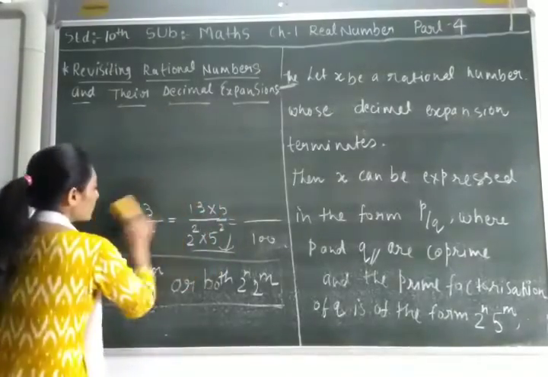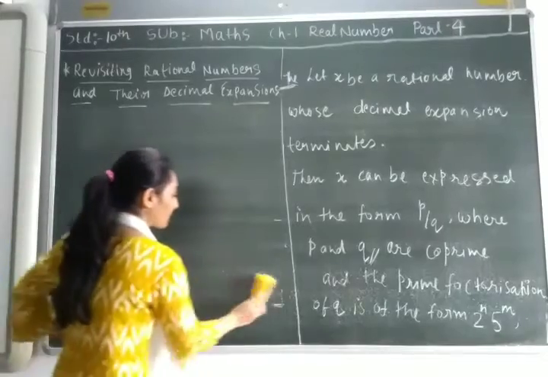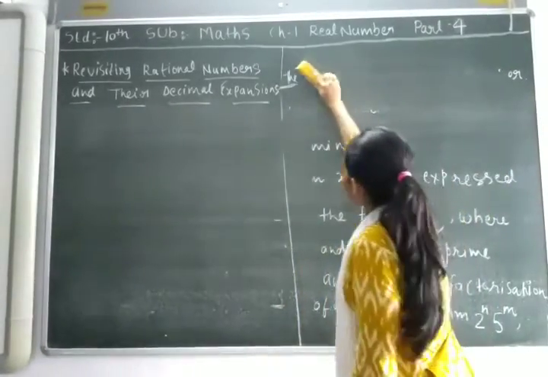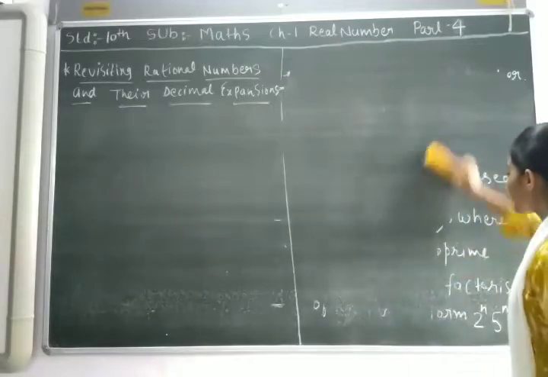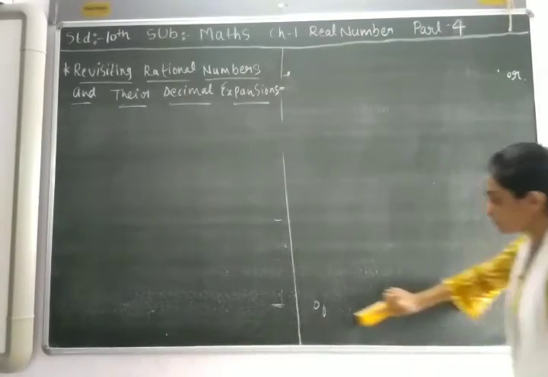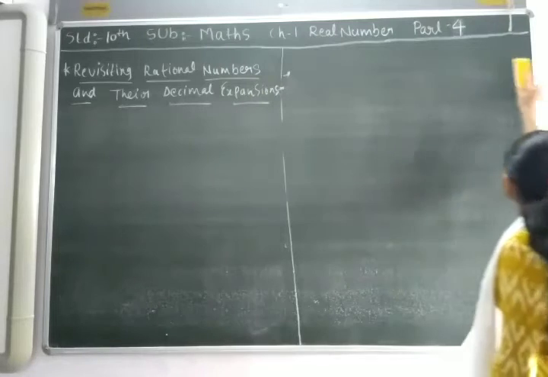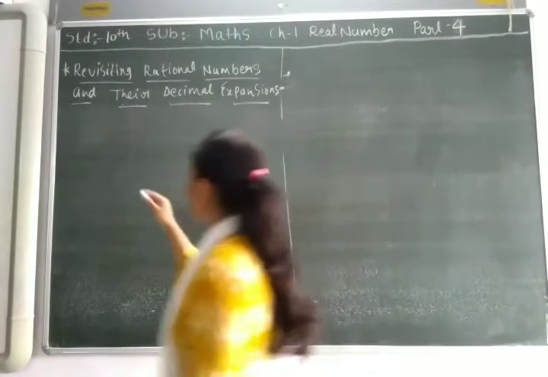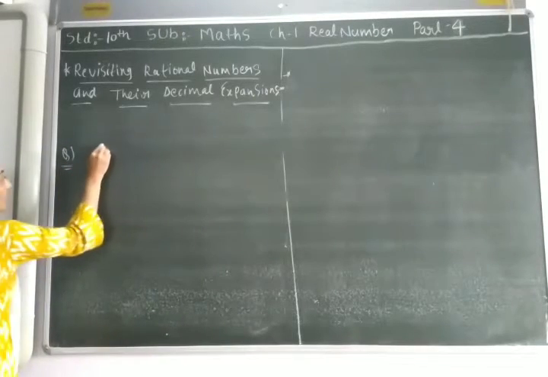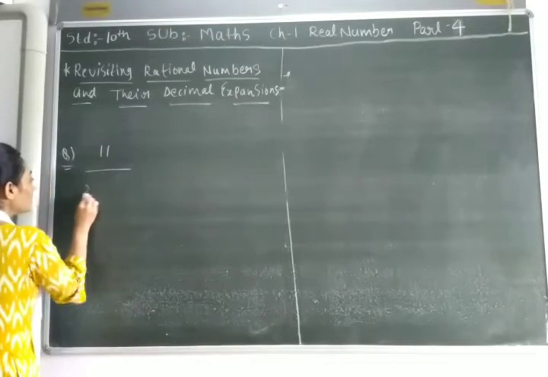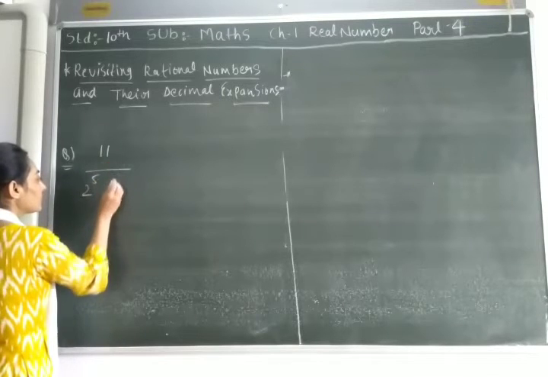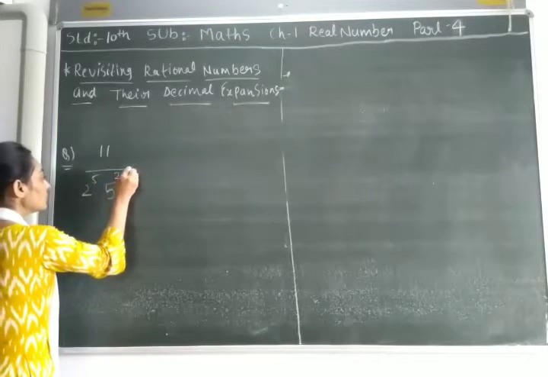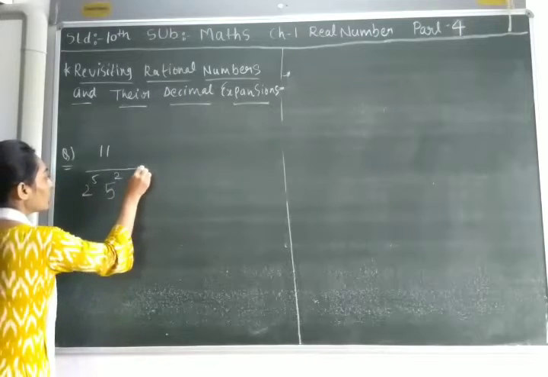Okay, now let's move on to the next question. The question said 11 into 2 raised to 5, 5 raised to 2, and 7 raised to 2.